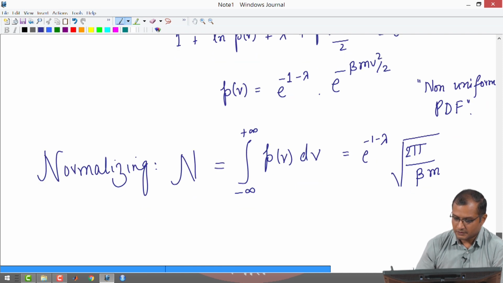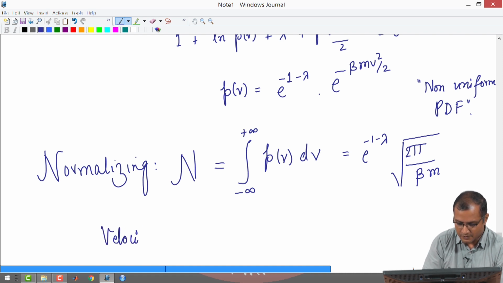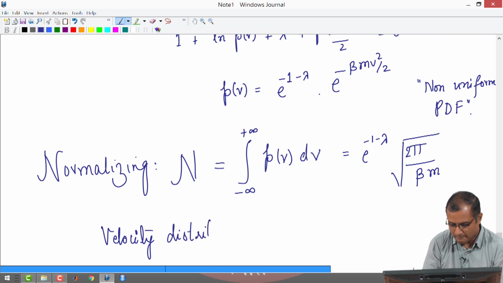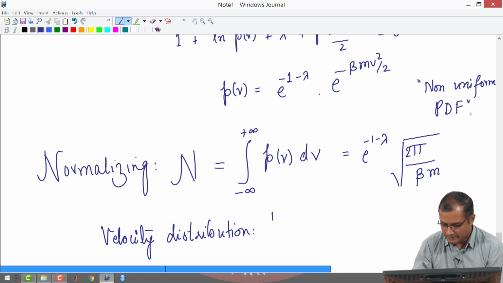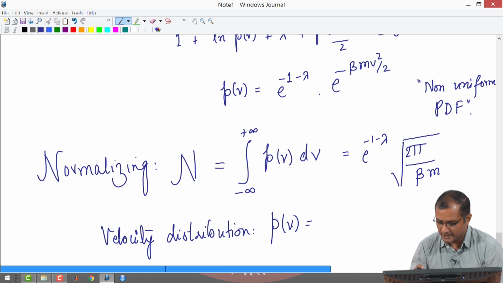Fine. So, then our normalized PDF, which I will call the velocity distribution, becomes P of v as simply the PDF that we have written divided by the normalization constant.